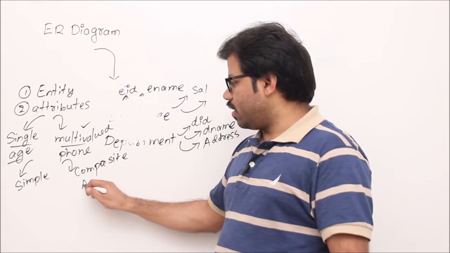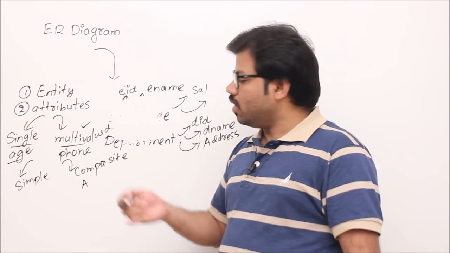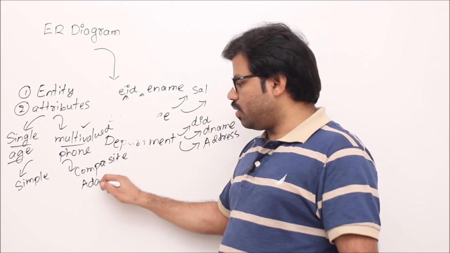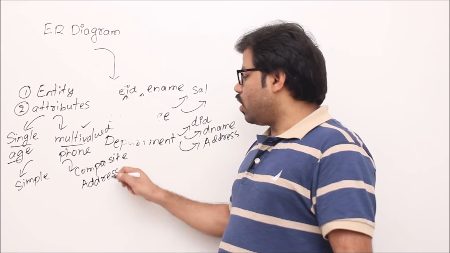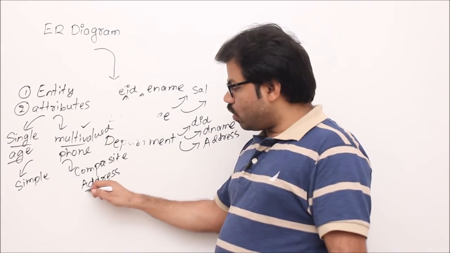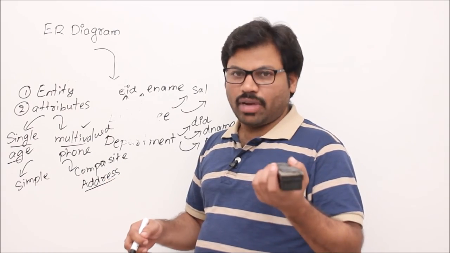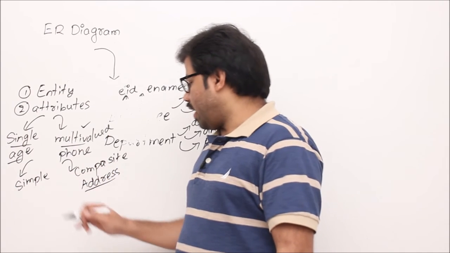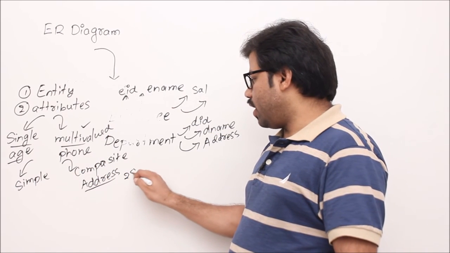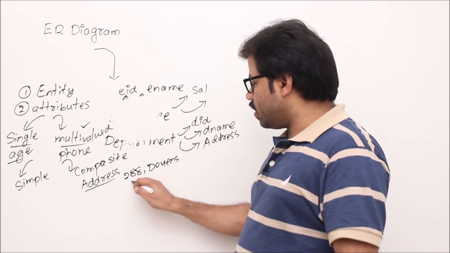Example, the address field again. Don't get confused: the address field is multi-valued if you want, and at the same time composite also. It depends on our discussion. If you store multiple addresses, it becomes multi-valued. And whenever you store an address, see how one address looks. Example, 288 Doan's Colony, Hyderabad.